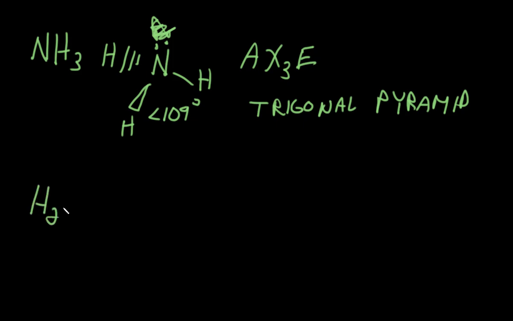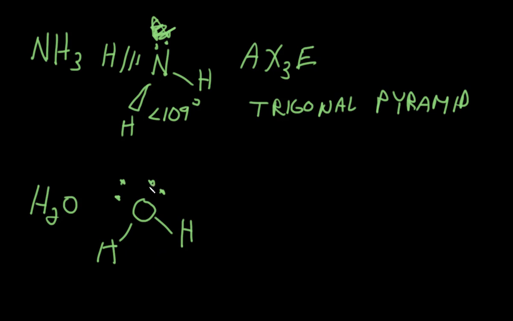So H2O. If we were to draw our geometry here, we've got our shared pairs, and there are actually going to be two unshared pairs sitting on top. That's what makes water so polar. We have a negative charge up here and a little more positive down here.